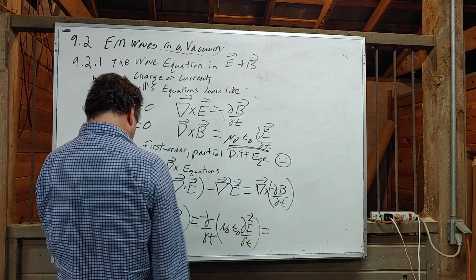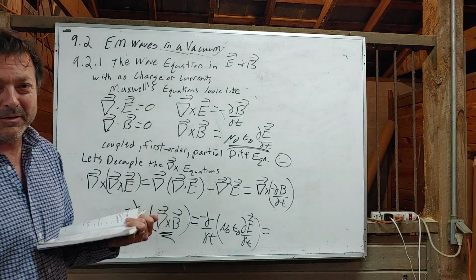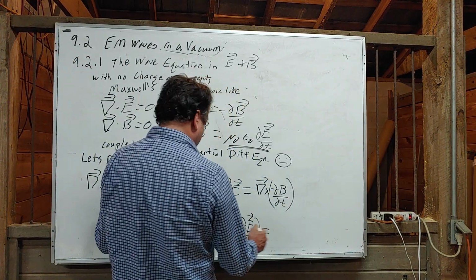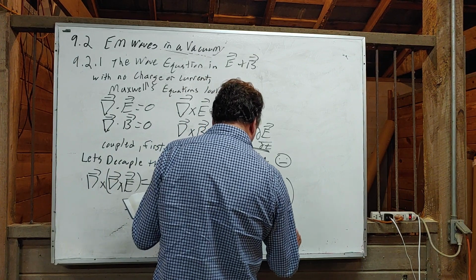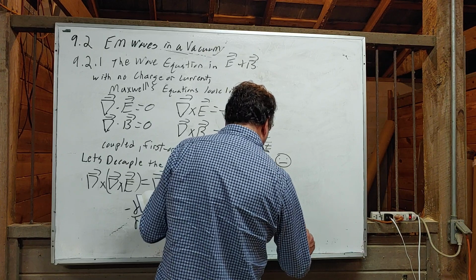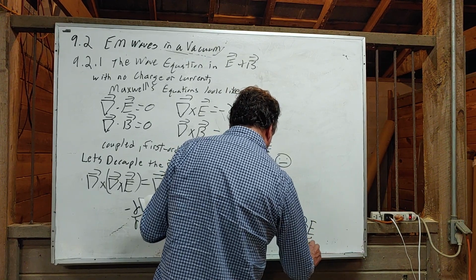I can run that inside, because it's just been factored out. That gives minus mu naught epsilon naught partial squared E with respect to t squared.